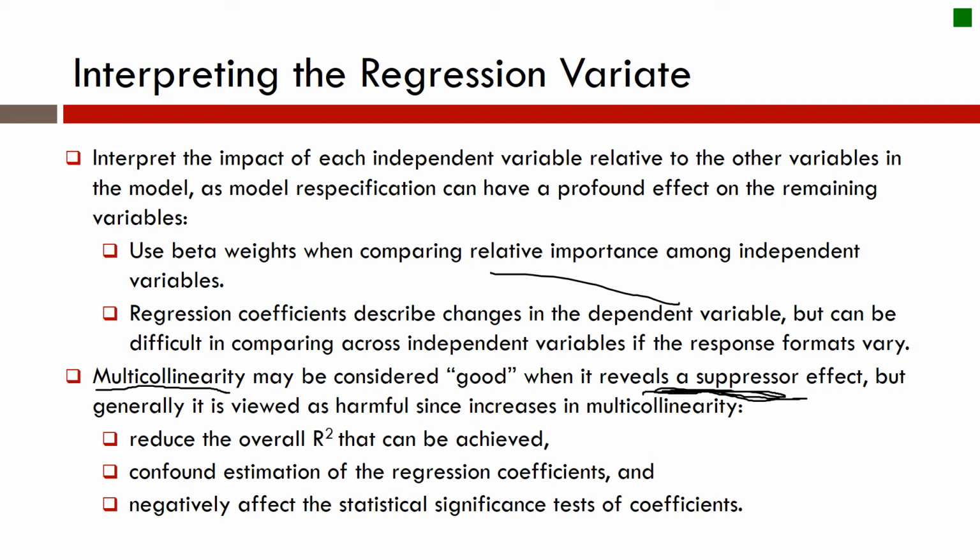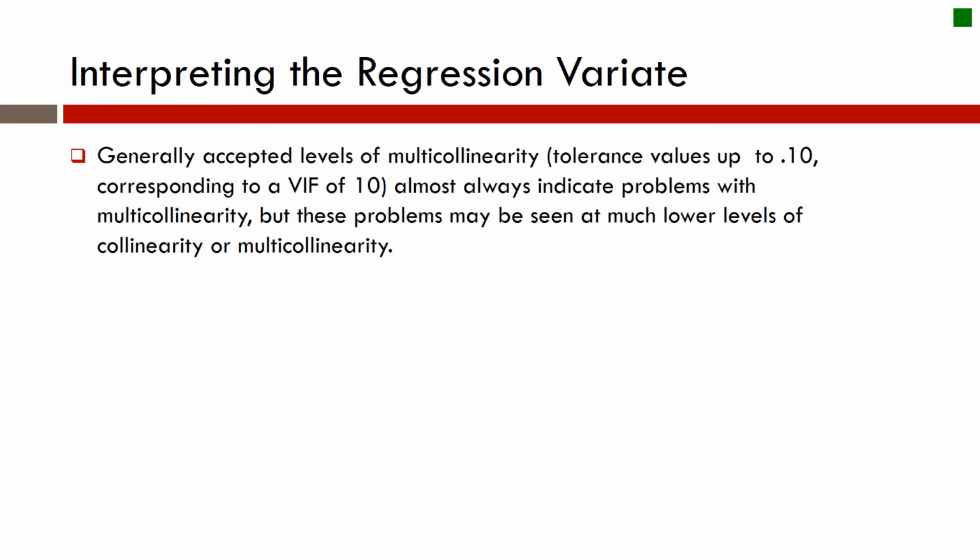Multicollinearity is obviously viewed as damaging, but understanding that it masks the full effect of a variable may actually bolster some of your interpretations of the impact a single variable may have. We know that multicollinearity reduces R square, and it confounds the estimation of the regression coefficients. So that's what we want to think of in terms of interpretation.